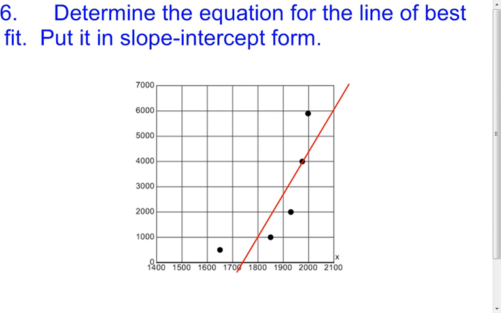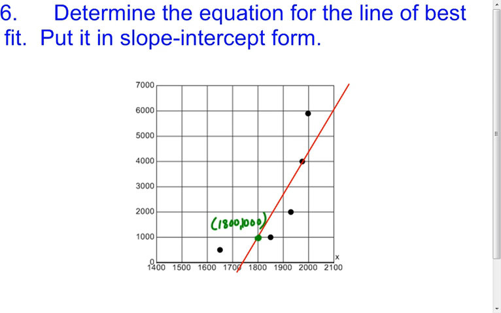Okay? So I am going to pick two points that are on this line. I'm probably going to pick this one because that looks like a nice even one that goes through an increment, and that happens to be the point (1800, 1000).